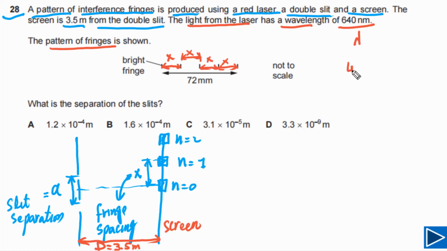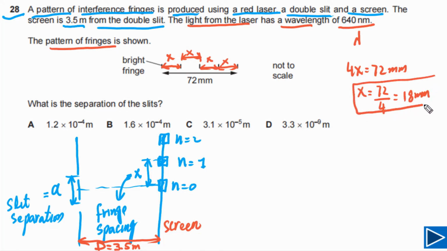So we can say 4x is equal to 72 millimeters. So the value of x is equal to 72 divided by 4, which is equal to 18 millimeters. This is the value of fringe spacing, and this is the most difficult part of this question. Most of the students cannot figure out the value of x.